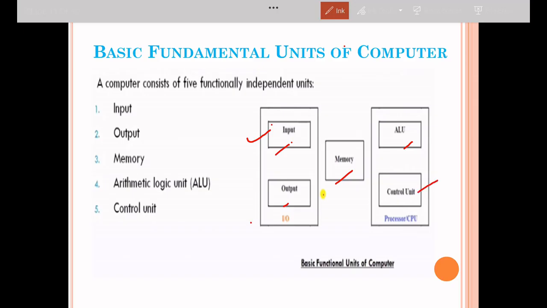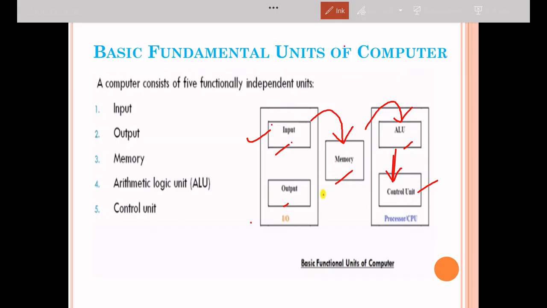The input takes user data, and then the memory unit holds it. After that the ALU calculates it, and in between the control unit directs the traffic with the help of signals.